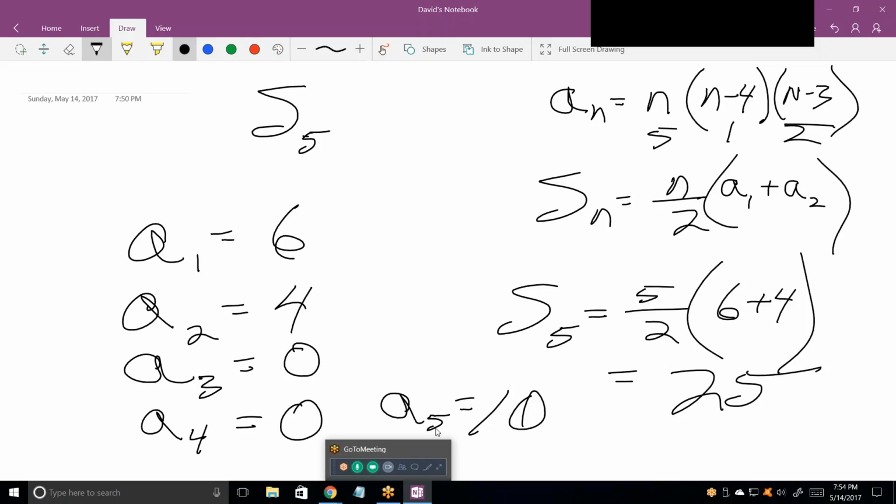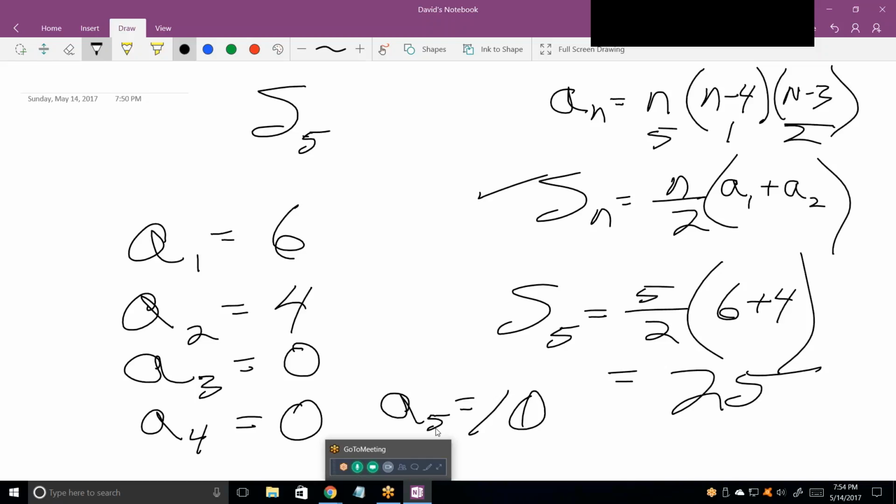A sub n, n over 2, a sub 1 plus a sub n minus, oh. I wonder if it, 25 is what I get based on your formula. No, I think the formula might have been, let me just check something real quick.